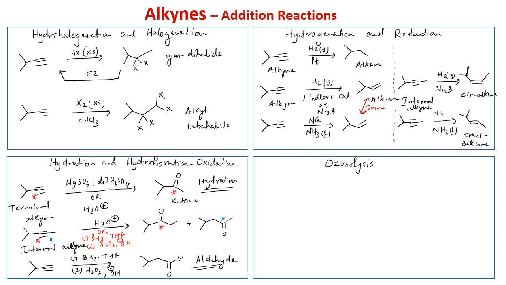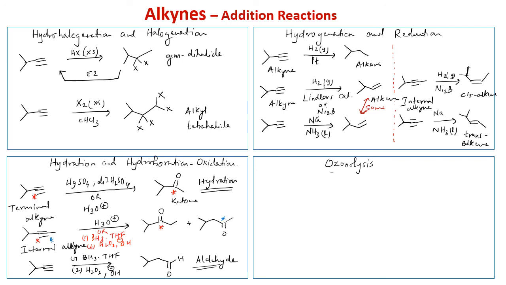You're going to get those two ketones as your products, irrespective of whether it's a hydration or a hydroboration oxidation. So it's for the terminal alkynes that you actually see a difference. A terminal alkyne upon hydration would give you a ketone product, and a terminal alkyne upon hydroboration oxidation would give you an aldehyde product. So that's where the difference lies.